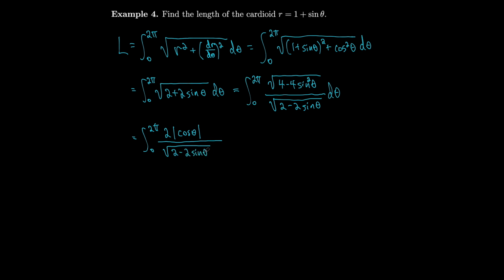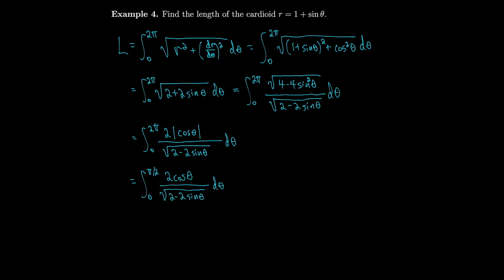So we keep 2 minus 2 sine theta in our denominator, and we have to be a little bit careful here because cosine, when we take the absolute value, it needs to be split where it's positive and negative. So it's positive from 0 to pi over 2, negative from pi over 2 to 3 pi over 2, and then positive again from 3 pi over 2 to 2 pi. So I'm going to take this integral and split it from 0 to pi over 2, and I get still the exact same denominator.